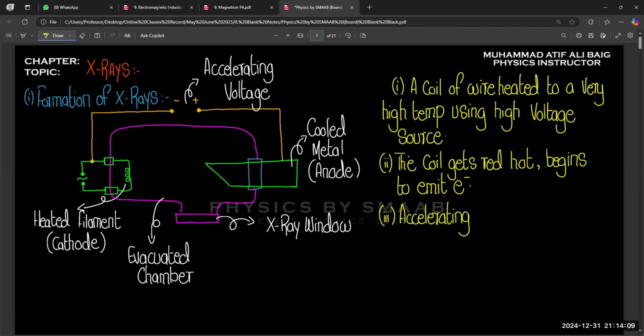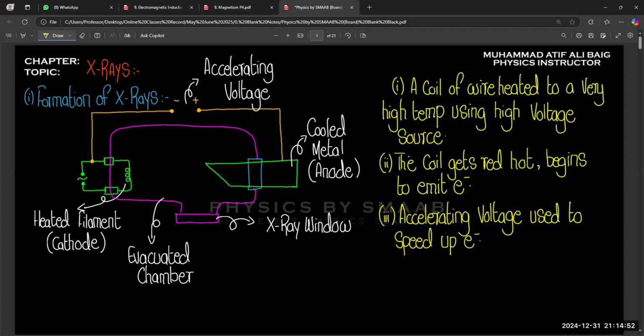So accelerating voltage is used to speed up electrons. This is the concept of how electrons are going to be generated and how they are going to travel towards this anode.